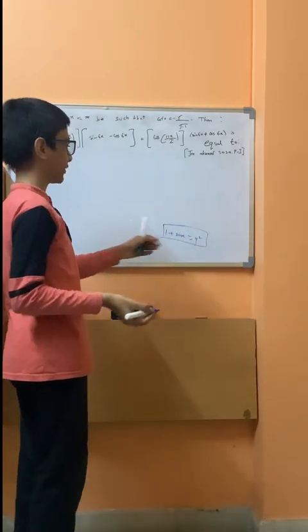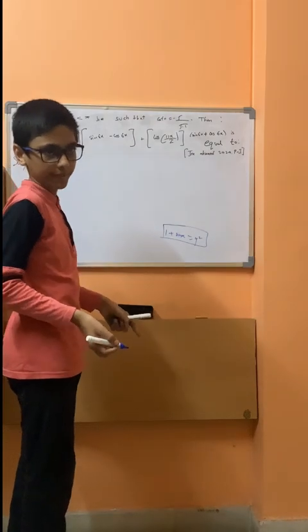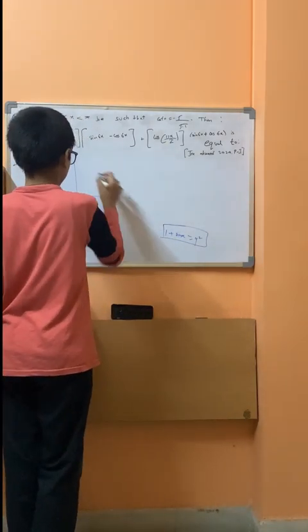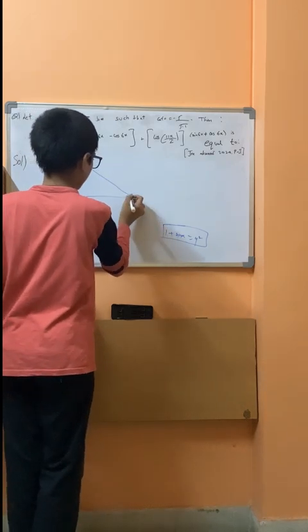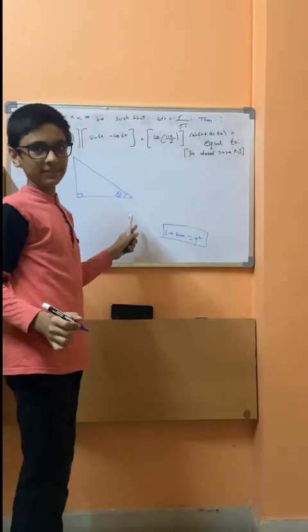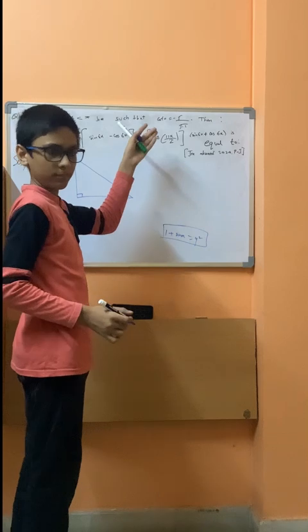So now we need to find sin x, and they have given us the data that cot x is minus 5 by square root of 11. So we are going to make a triangle over here. So if this angle is theta, or instead of theta we'll assume it to be x, as in the problem also it is given as x.